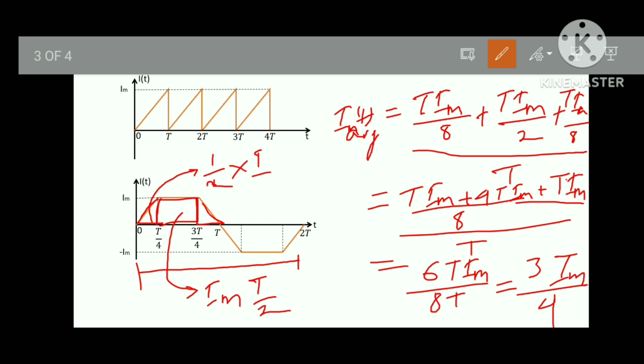This is the average value of this waveform. In this case, you have to remember that if the signal is symmetric like this one, or a complete sinusoidal wave, then you have to find the average value for half cycle only. Okay, so let's see the next example.